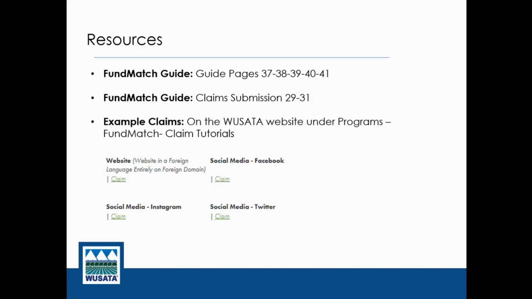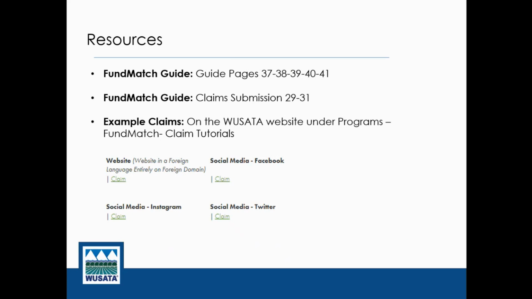In the FundMatch guide, pages 37, 38, 39, 40, and 41 all deal with websites, social media campaigns, any type of digital advertising. The FundMatch guide also on pages 29 and 31, it will show you about claims submission and kind of gathering your documentation.